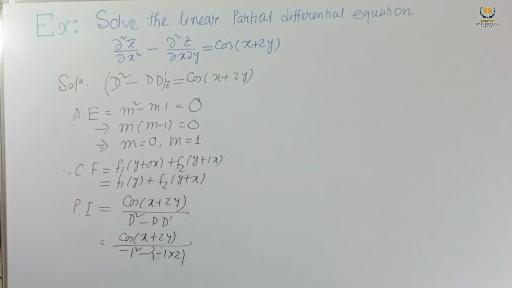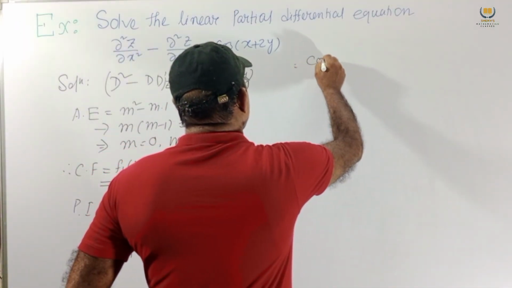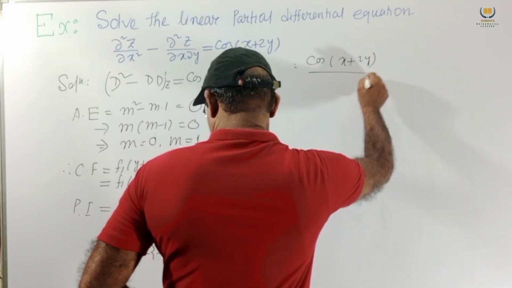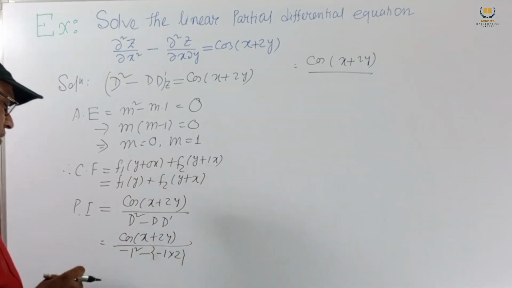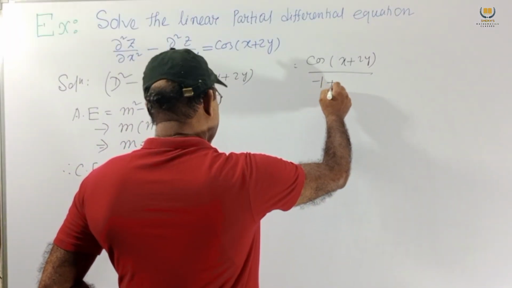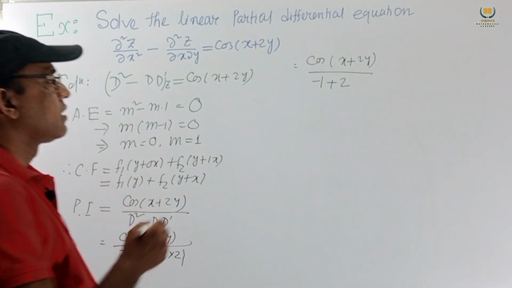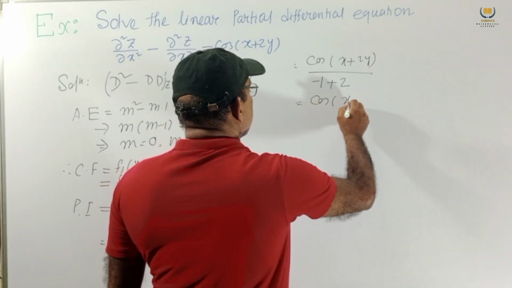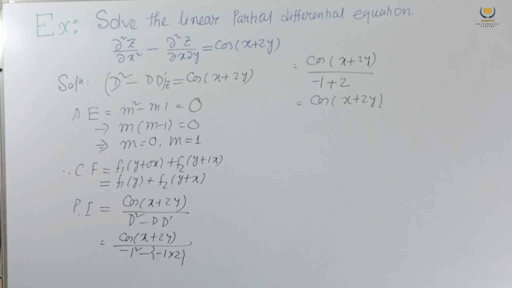We get this one, and this will be cos of (x plus 2y) by minus 1 plus 2, that is 2 minus 1, which is 1. We get cos of (x plus 2y).